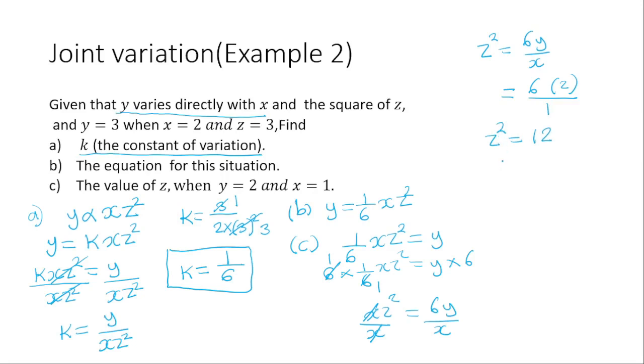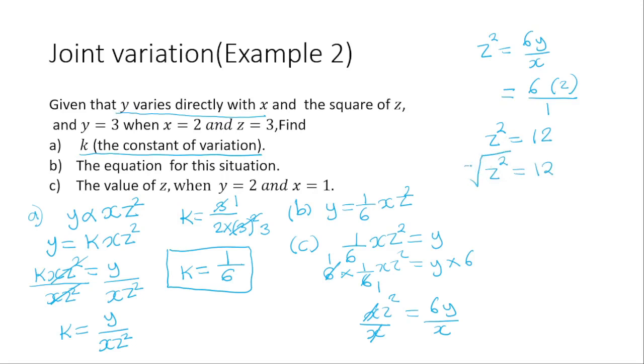So learners who are too quick will end here, but the question is not asking for z squared. What is it asking for? It's asking for z. So what we need to do is to introduce the square root on both sides.